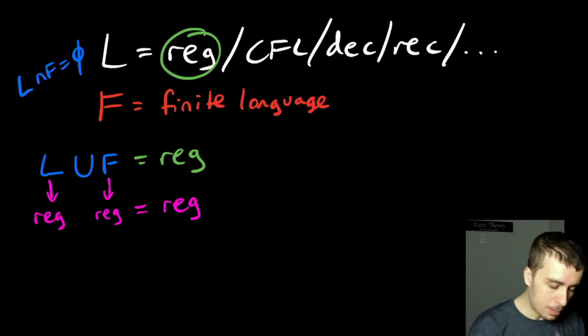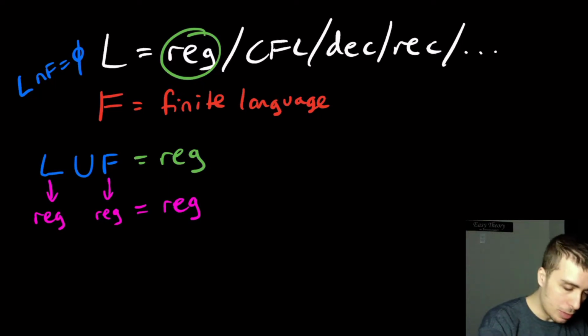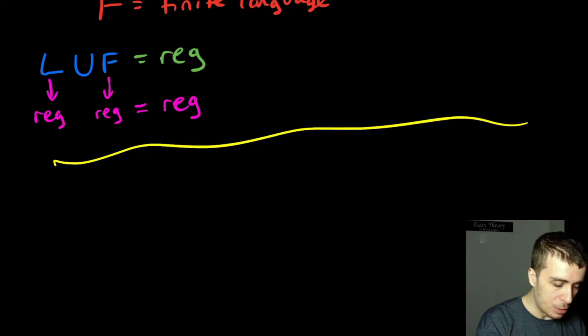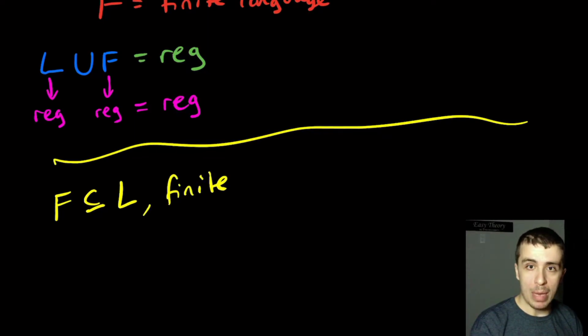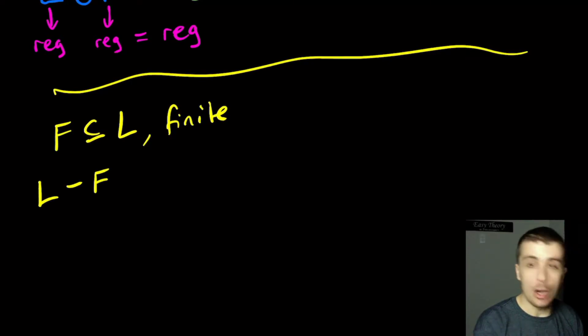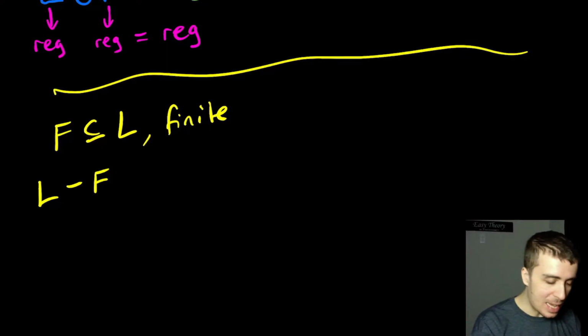So that's pretty easy. But another thing that you can also show is, now let's suppose that we have a slightly different scenario where F is a subset of L and is finite. Then what we can show here is that if we take L and take away all of those finitely many strings, then what we can get is the same result.